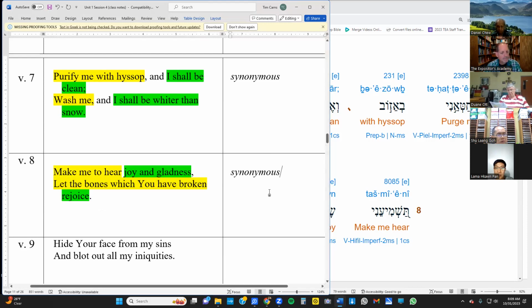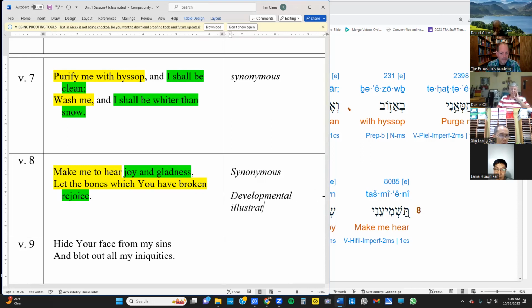This one has a similar idea as well. I had actually, this one was a little tougher for me. So I see the synonymous possibility. I also see possibly a developmental, as the second line sort of illustrating the first. But this one was a little tougher. So I could see synonymous as a reasonable option there, because he's been doing synonymous so much already.